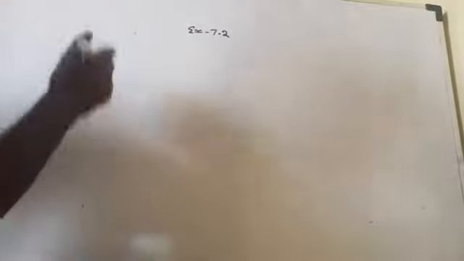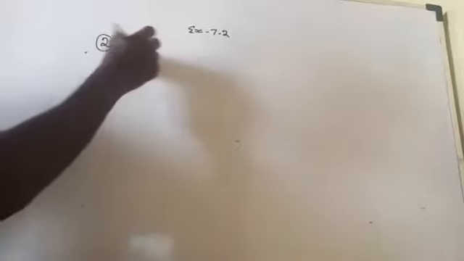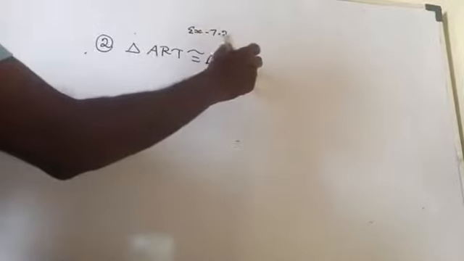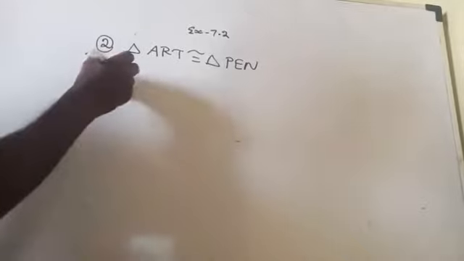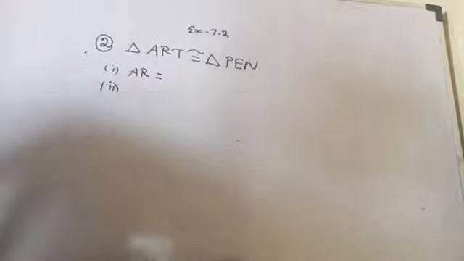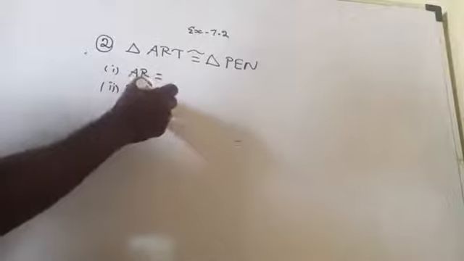Question number 2. If you want to prove that triangle ART is congruent to triangle PEN, and you have to use the triple criterion, that is the SSS criterion, you need to show the first one, AR is equal to, and then the second part, RT equal to, then AT equal to.